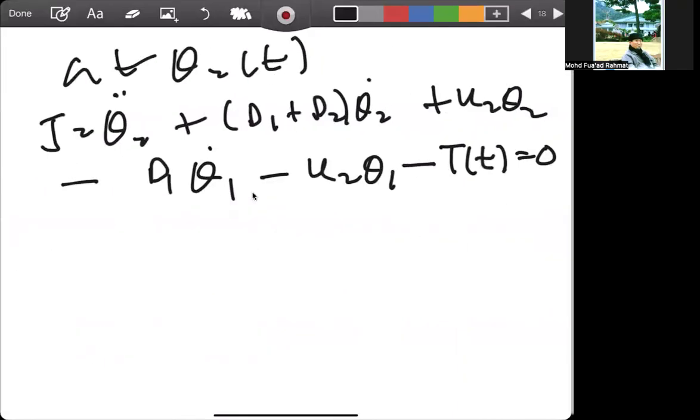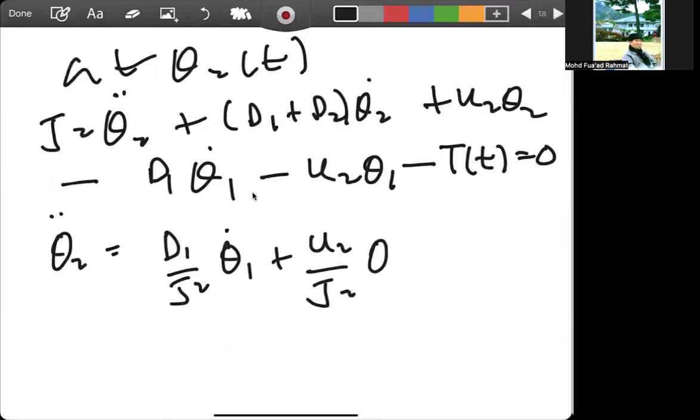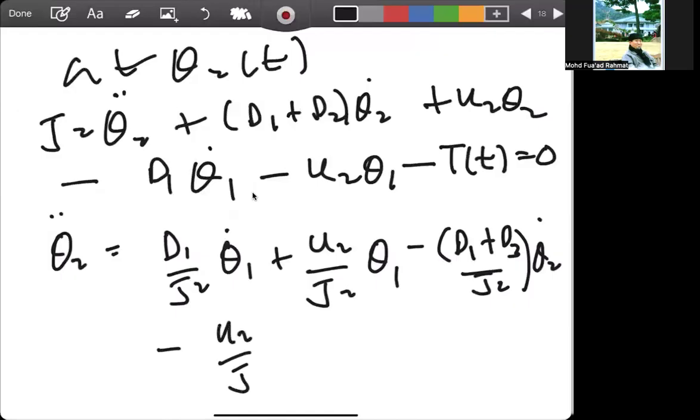And for the second one, we can simplify as theta 2 double dot equal to D1 over J2 theta 1 dot plus K2 over J2 theta 1 minus D1 plus D2 over J2 theta 2 dot minus K2 over J2 theta 2 plus the input.